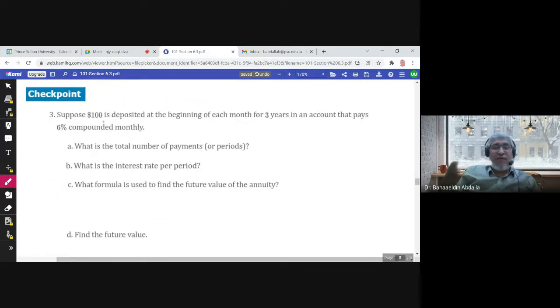Suppose $100 is deposited, so this is R, at the beginning of each month, so 12 times a year, for 3 years. So what is the total number of periods? What is n? 12 per year times 3 years, 36 periods. What is the interest rate per period?